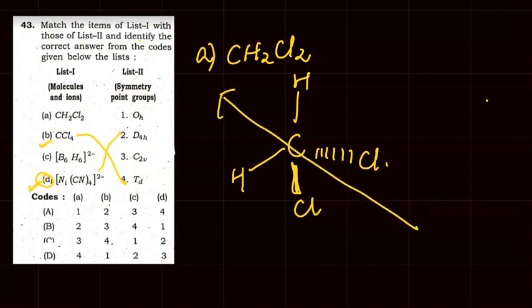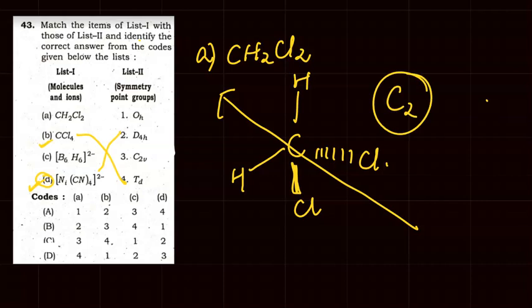Here from this carbon, an axis of symmetry will pass. If we rotate the molecule by 180 degrees, then you are going to get the same molecule. So here there is a C2 axis of symmetry, which is the principal axis of symmetry.